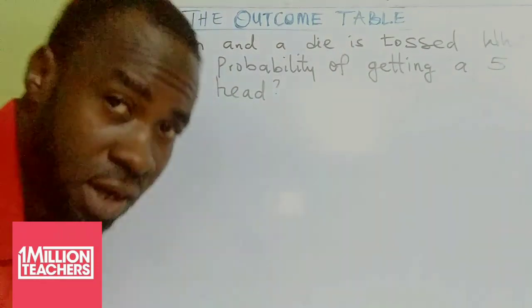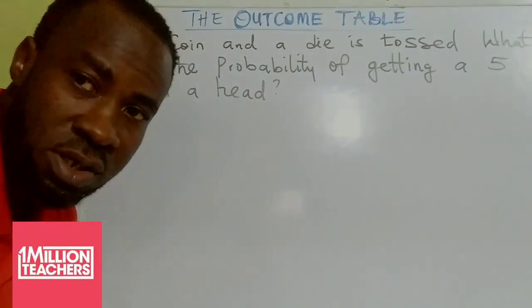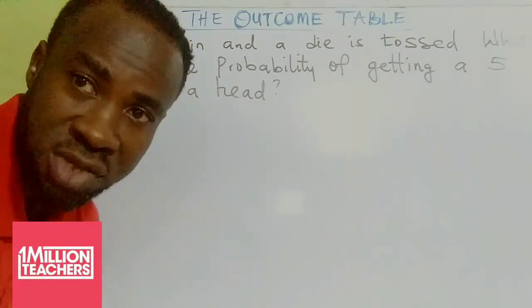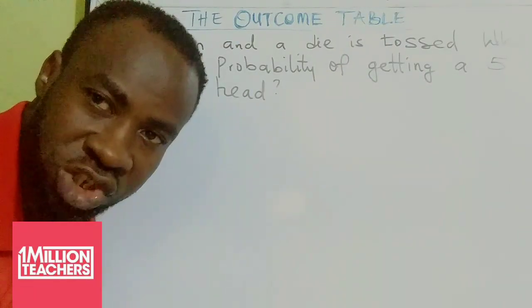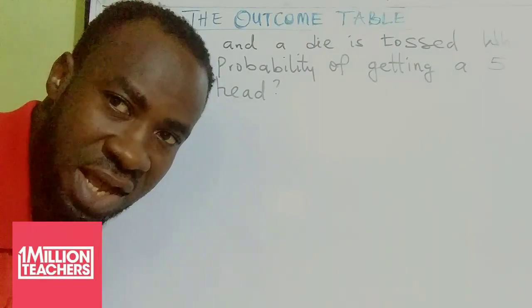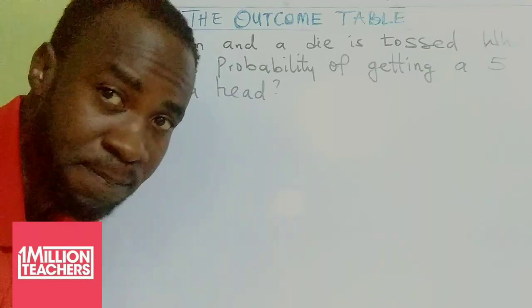Now, today I want to talk about the outcome table. The outcome table is one of the methods of solving probability problems, especially problems that have to do with independent events of probability.